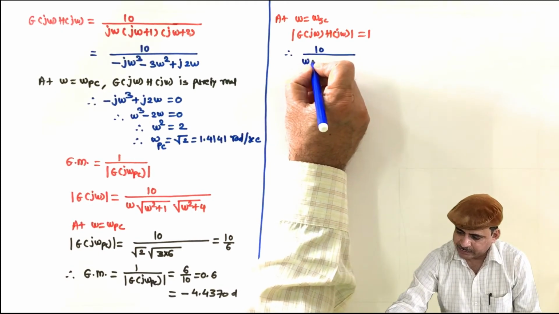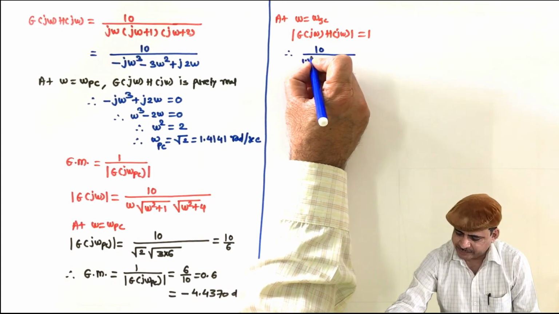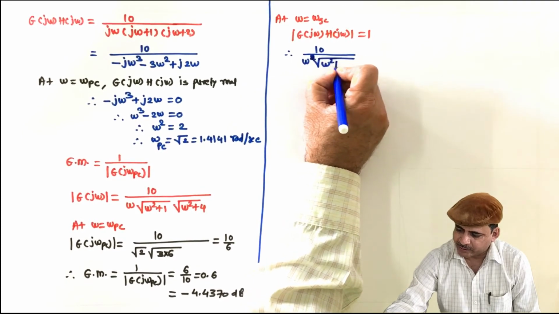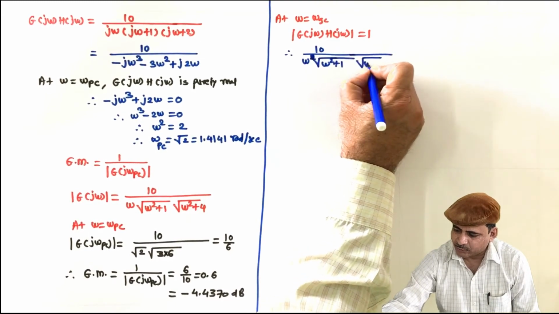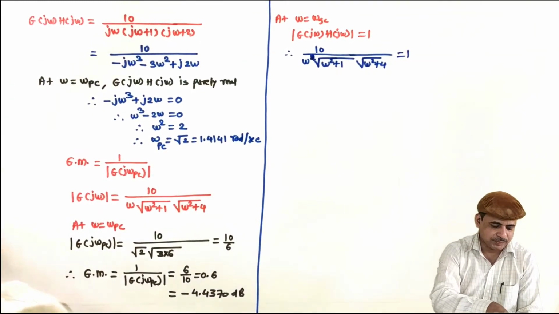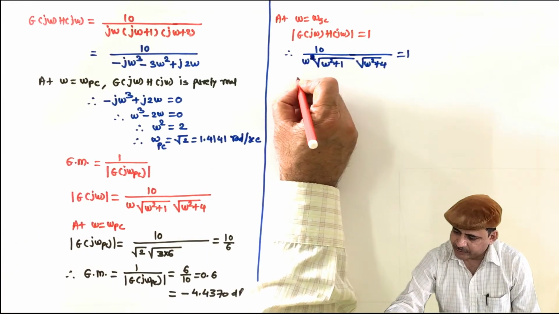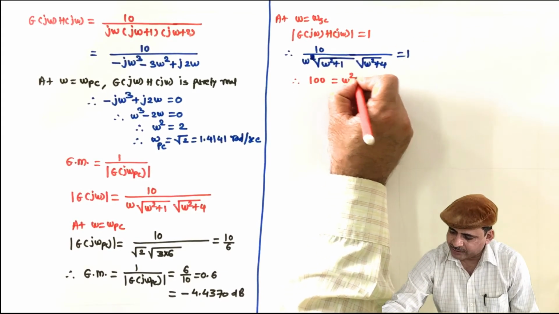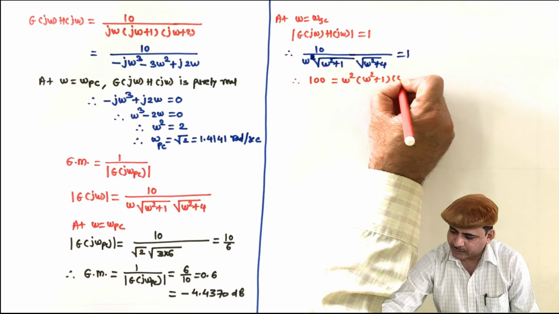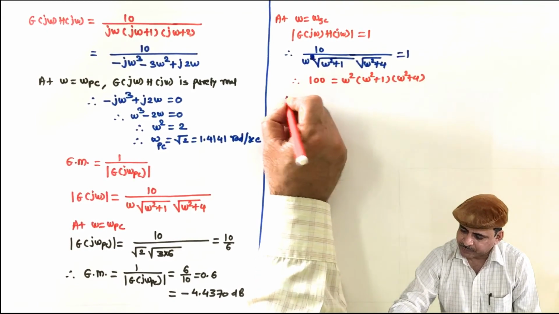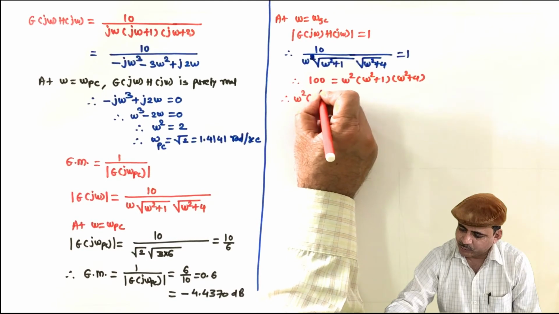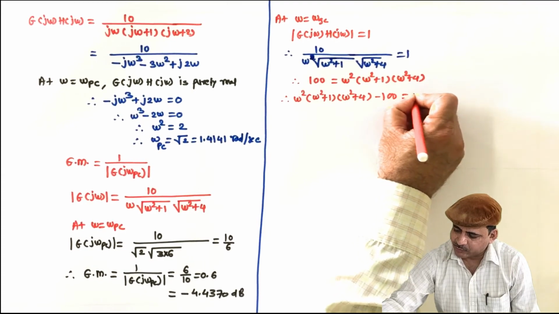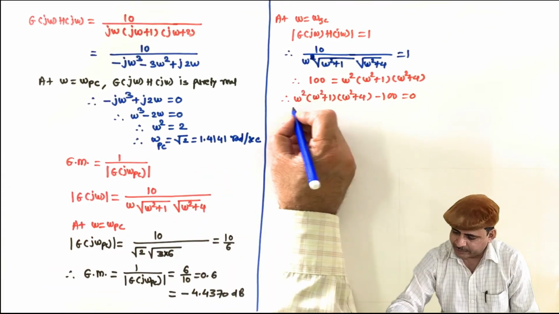So this is omega, actually it is omega gc, into root of omega square plus 1 into root of omega square plus 4 equal to 1. Squaring on both sides, I get 100 equal to omega square into omega square plus 1 into omega square plus 4. And so omega square into omega square plus 1 into omega square plus 4 minus 100 is equal to 0. And we have to solve for omega.